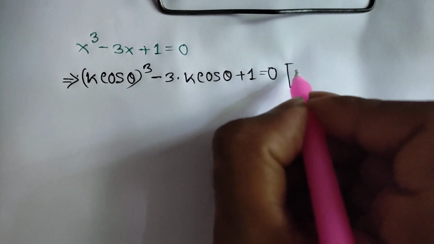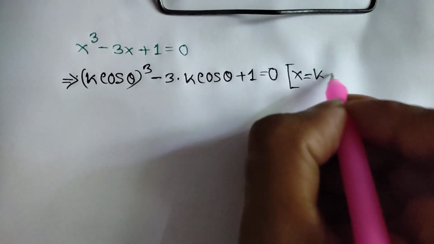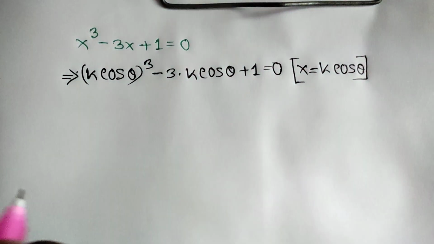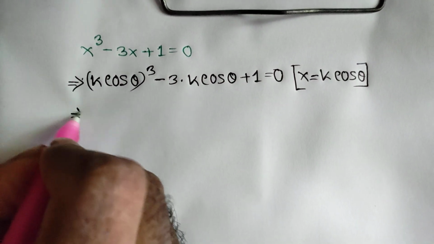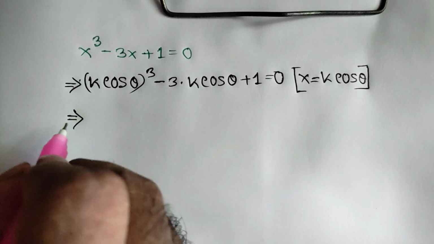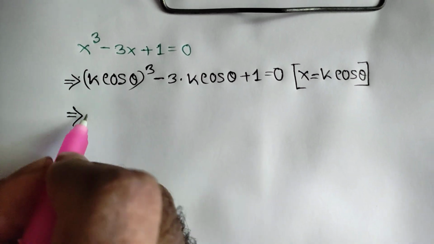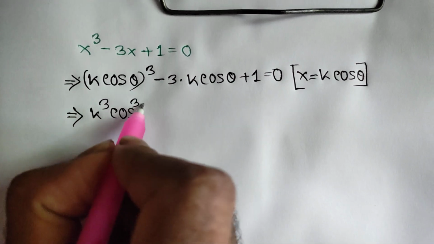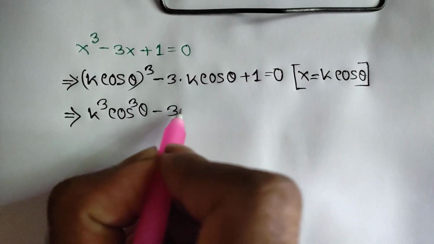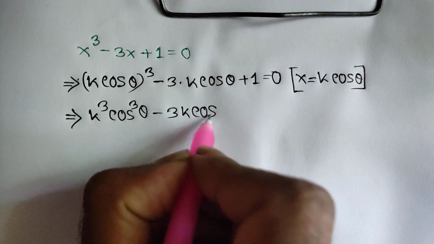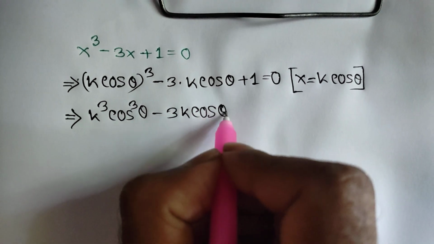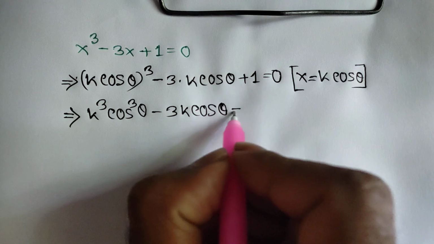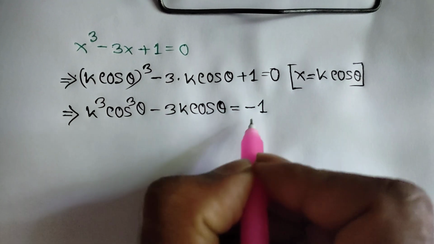Here x is equal to k cos theta, so we can write k cube cos cube theta minus 3 k cos theta. Taking this positive 1 to the right side, we will get negative 1.